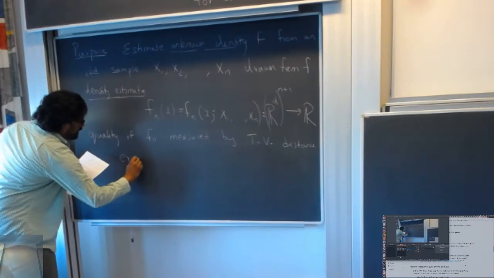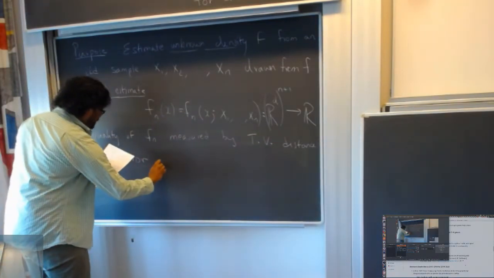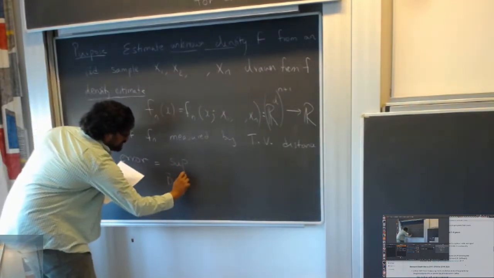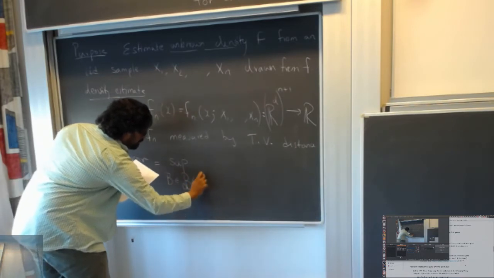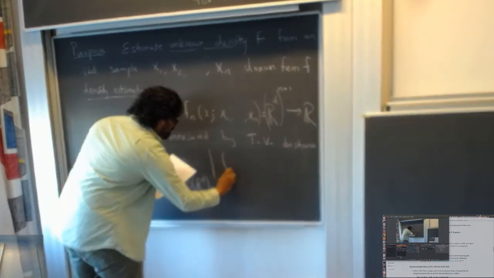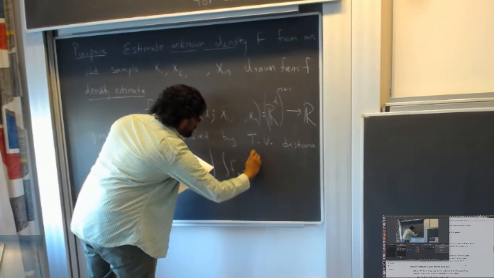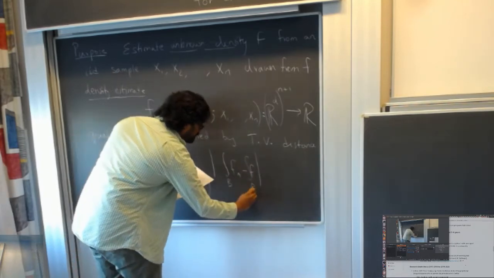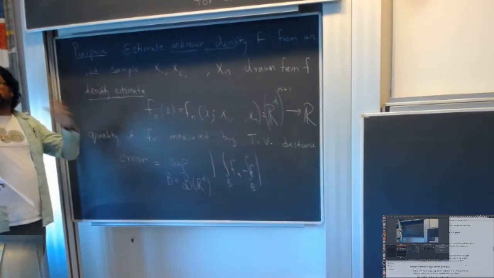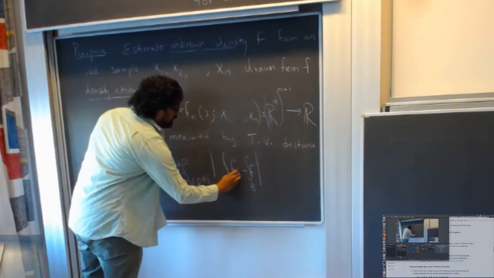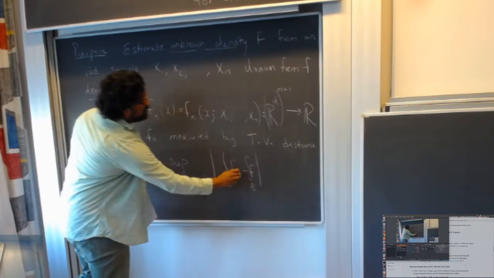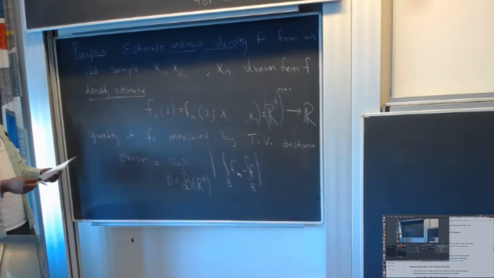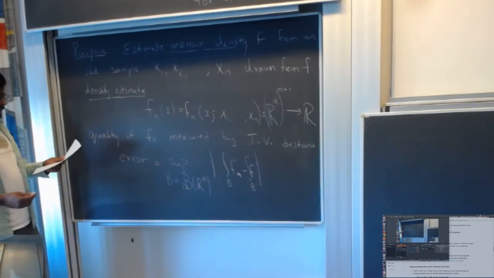This means our error is going to be expressed in terms of the total variation, which is the supremum over all Borel sets B in R^d of the absolute value of the integral of fn minus f over B. So we want to find the Borel set where the estimate and the true f are maximally distant. So that gives us what's called the total variation.